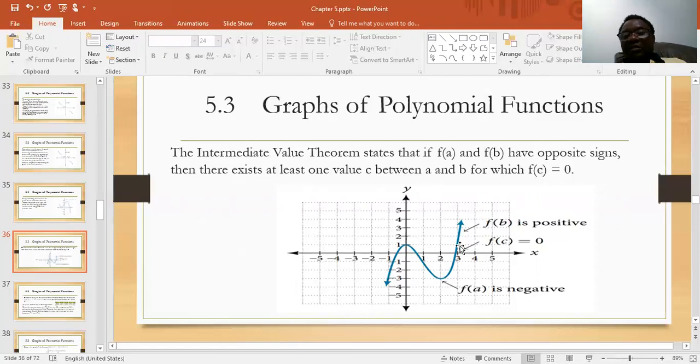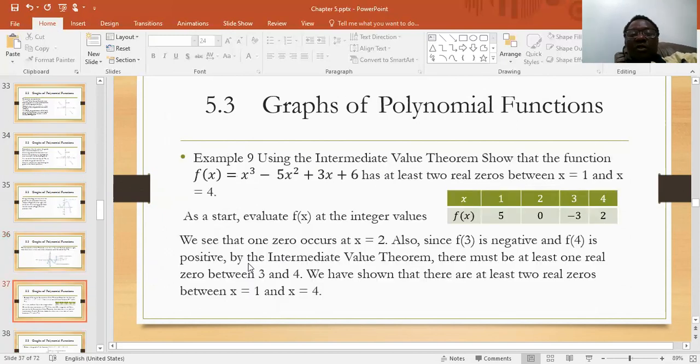We can also look at between 2 and 3. f of 2 is negative, f of 3 is positive. So there is a point between 2 and 3 where the function will pass through the x-axis. That's the intermediate value theorem. We may not know exactly what that point is, but we know there is an x-intercept between 2 and 3.